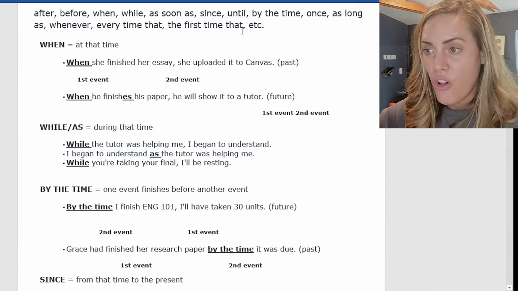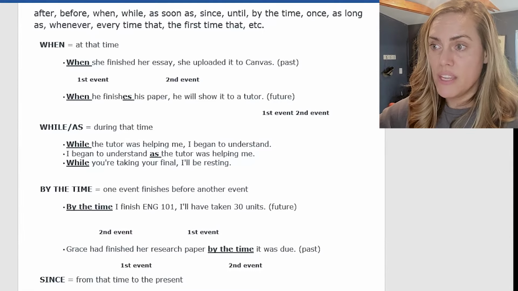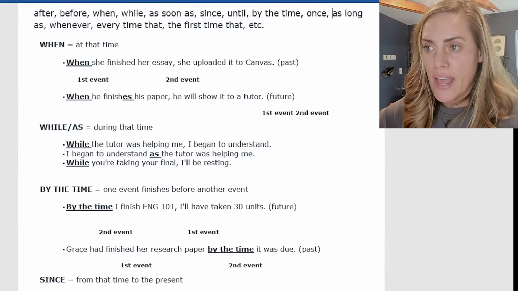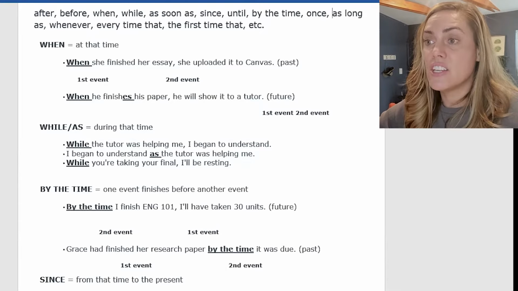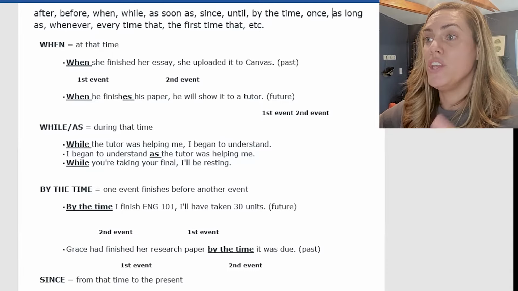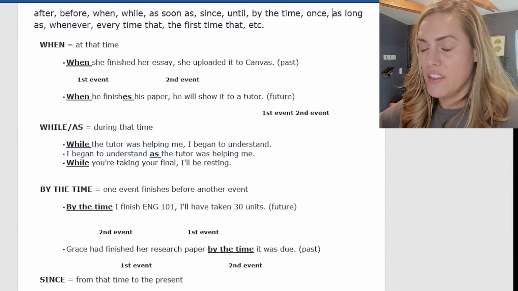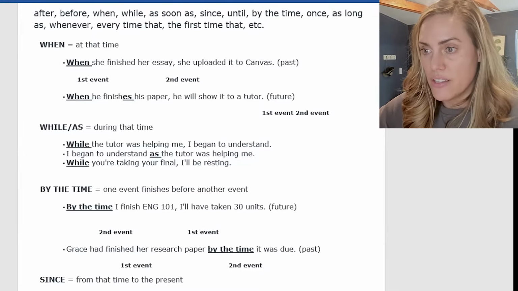These are all words that if you use them at the beginning of a sentence will create a dependent clause, okay? And in doing that, it's going to require you to use an independent clause. And then when you write that sentence together, you've created a nice complex sentence that has an adverb clause in it, okay?